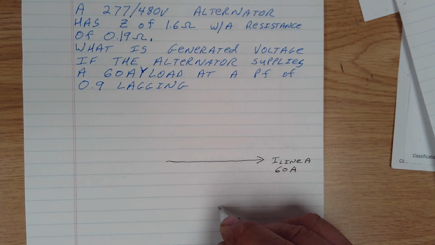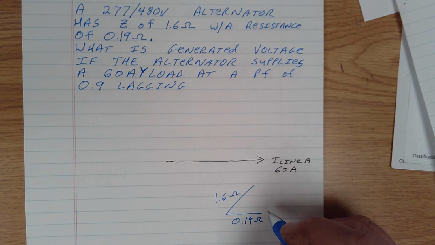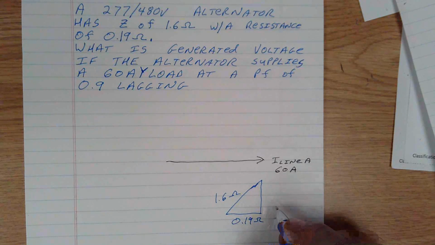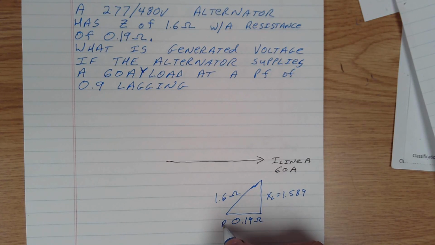If we have 1.6 ohms of impedance and 0.19 ohm of resistance, we can use the Pythagorean theorem. This is way out of scale, and it'll show us that XL equals 1.589. This is R and this is Z.